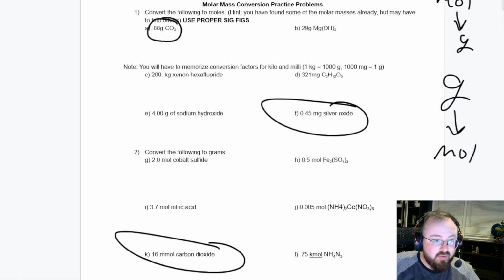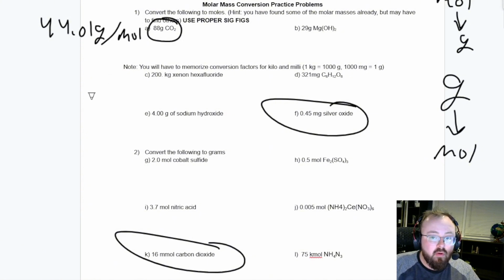So to go between moles and grams, we have to use the molar mass. I've already solved for the molar mass of carbon dioxide. That's what I did in one of my earlier problems. So the molar mass of carbon dioxide, we said, is 44.01 grams per mole. Okay, so let's take this information out to my other screen.